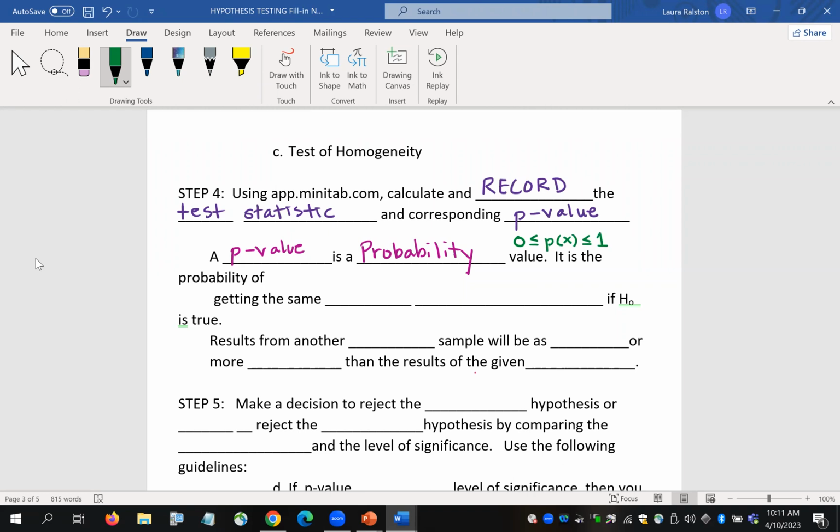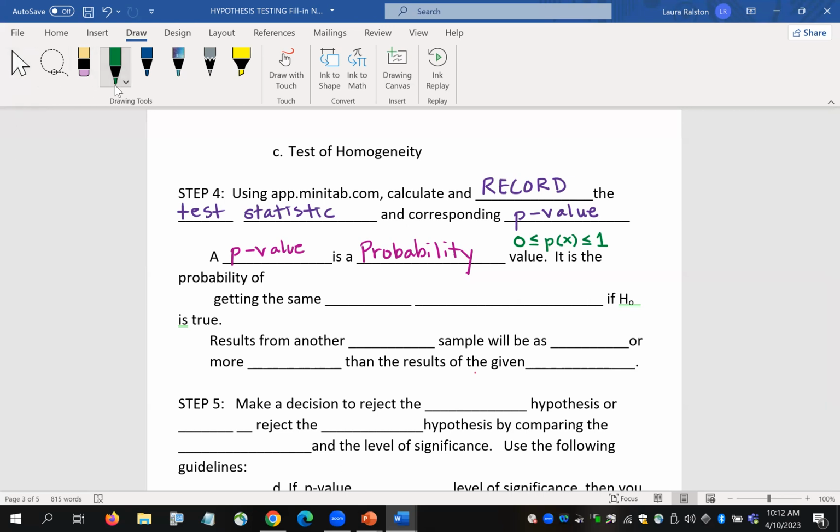It could be 0. Remember, 0 means no way, no how is it happening. The event is impossible. It could also be equal to 1. 1 means it's definitely happening. It's a certain event. But then we can have any decimal value, fraction, or whatever in between 0 and 1. So the p-value represents a probability, and its value will always be between 0 and 1, meaning it'll never be negative, and it should never, ever be greater than 1.